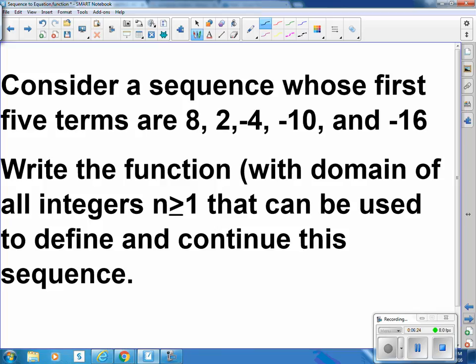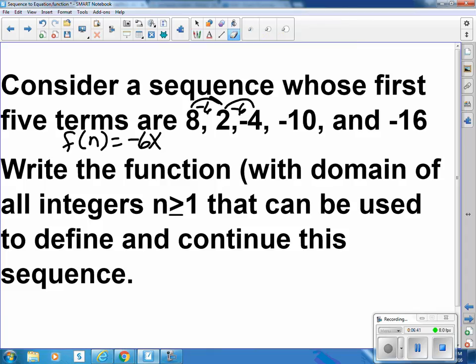Okay, if I had a term 8 to 4, that's going down by 6. That's going down by 6. So f of n equals negative 6n, but I have to go 6 higher than that one to start with, so plus 14.